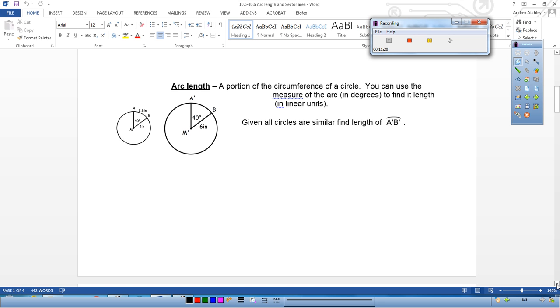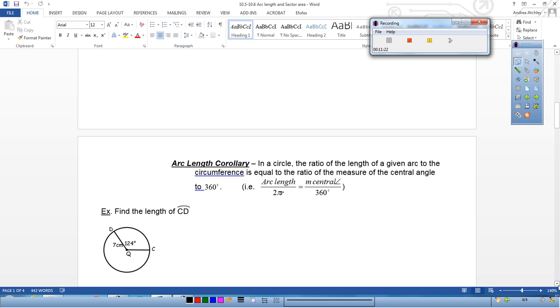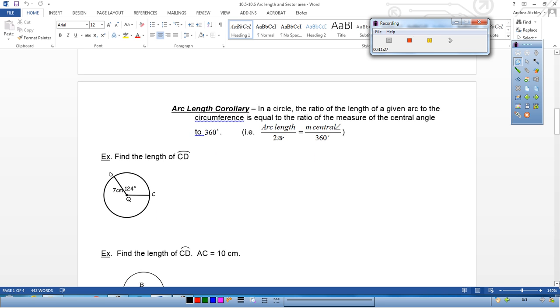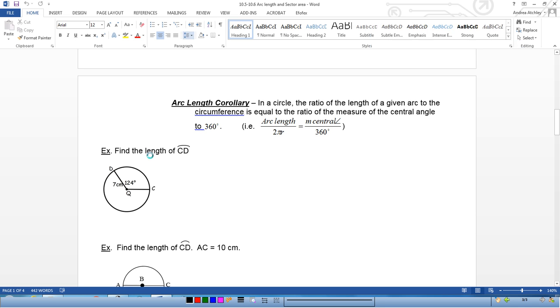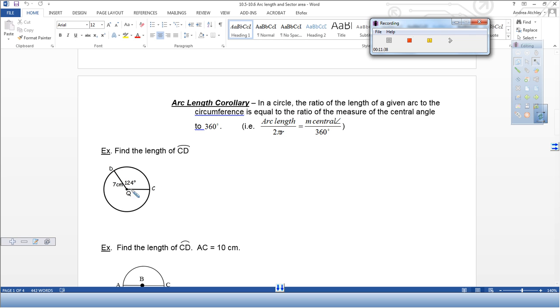Okay. Now that's nice if I have similar figures. However, in life I probably won't always have similar figures. So how could I find the length of that arc if I just had the central angle and the radius?